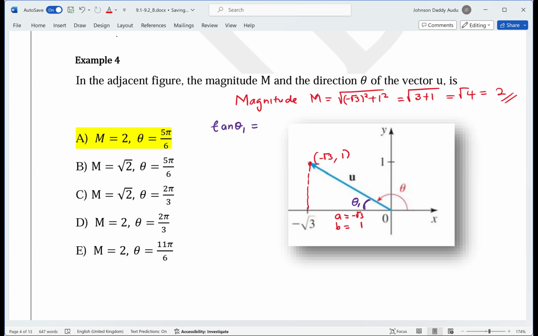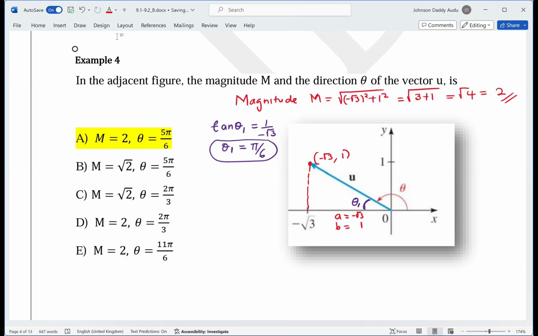So this is 1 over minus root 3. So what will be theta 1 in this case? Because we need the reference, it's just going to be 30, which is pi over 6.